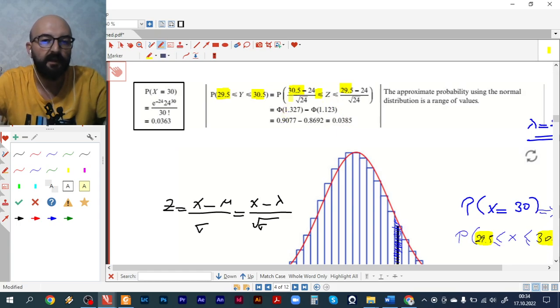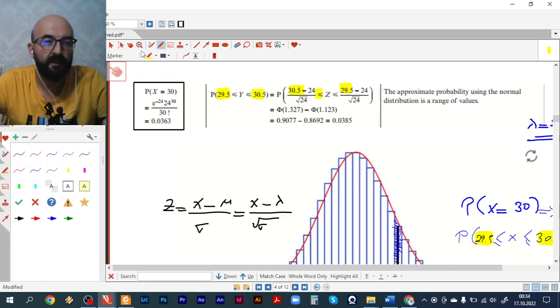So 29.5 minus 24 over the square root of lambda, 24, and 30.5 minus 24 over the square root of 24.